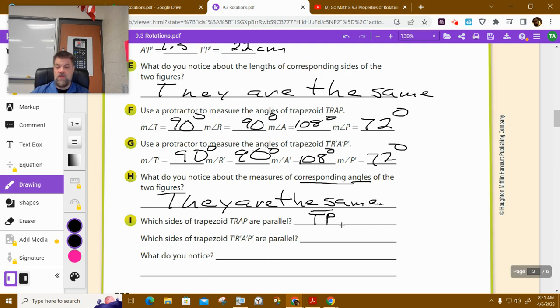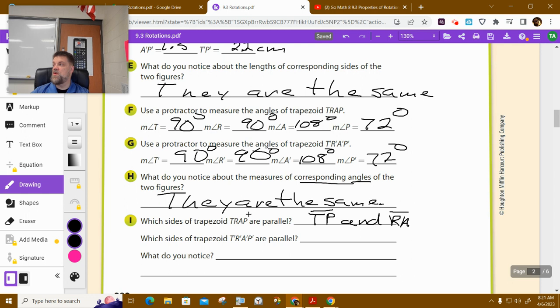Now, I don't know if you guys are aware of this, and I'm going to explain it to you. When I want to say line segment TP, I draw a little line over the initials TP. And that's saying I'm talking about the line segment that goes from point T to point P and the line segment RA. Now, if it was a line, I would put arrows.